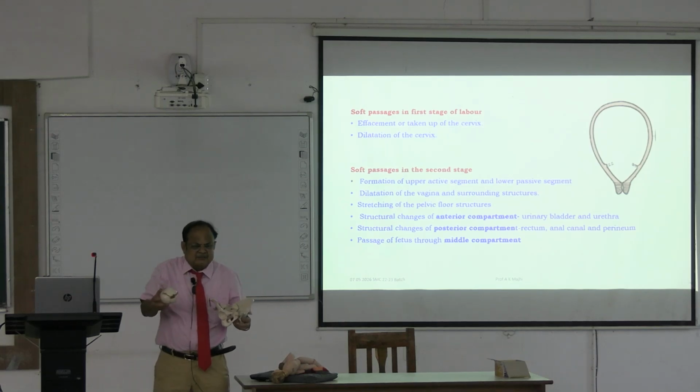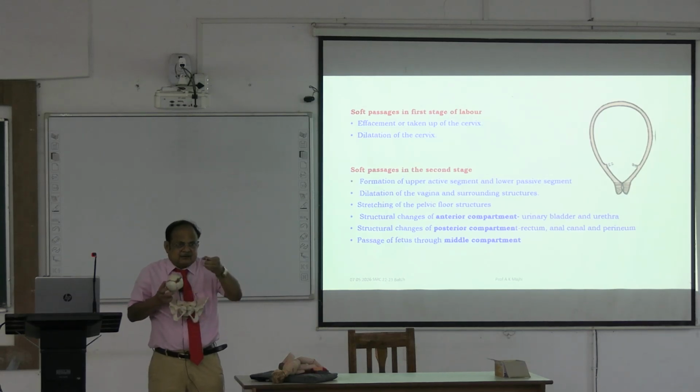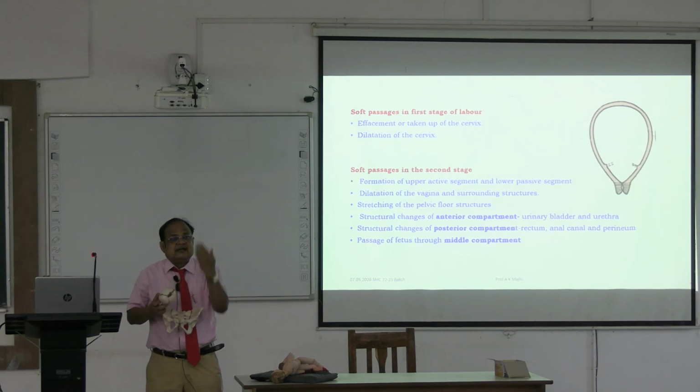It's simple anatomy. So what happens in labor if you divide into an anterior compartment, middle compartment and posterior compartment? The anterior compartment is the bladder and urethra. The bladder and urethra will ascend, becoming non-pelvic organs, not all, but the majority of the part.